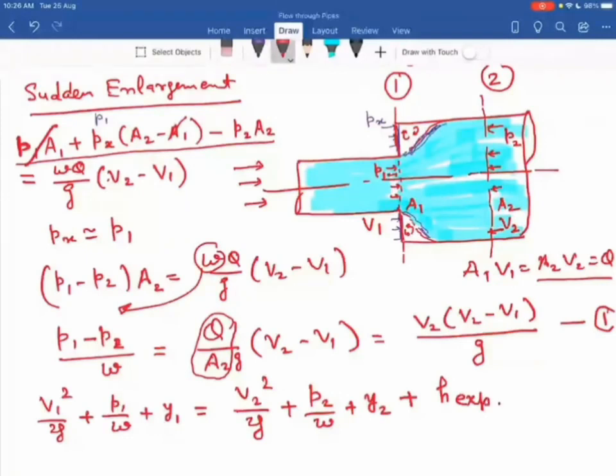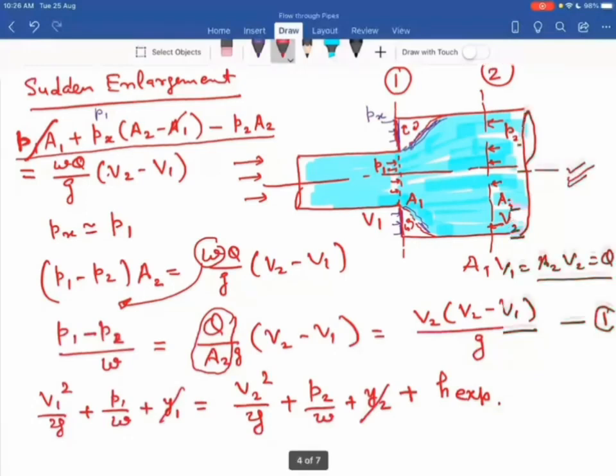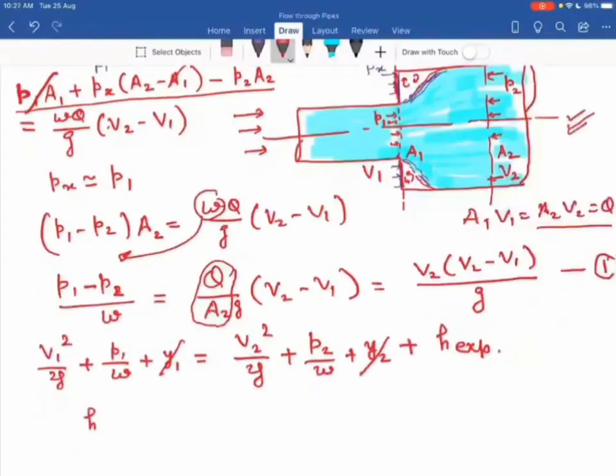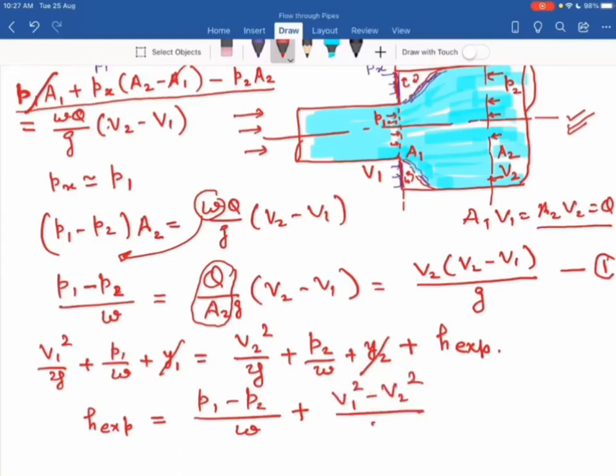So now I rearrange the terms. Now also here this pipe is horizontal. So that means Y1 cancels with Y2. So I write from here head loss due to expansion is equal to (P1 minus P2) by W plus (V1 square minus V2 square) divided by 2G.